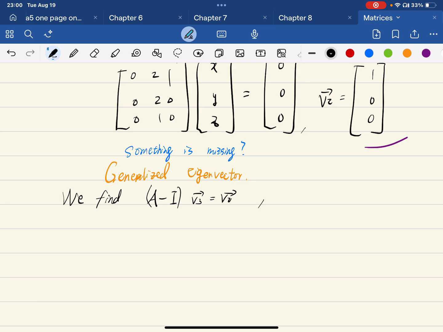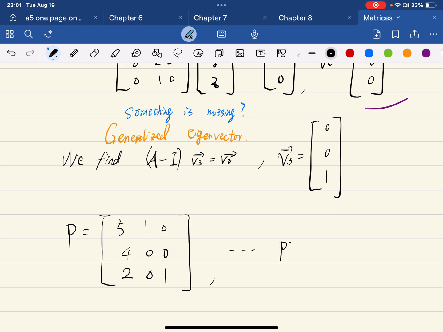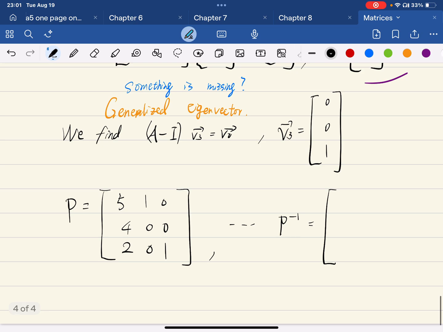And another vector is just e3. So we have our transformation matrix. And by some steps, we have its inverse matrix.